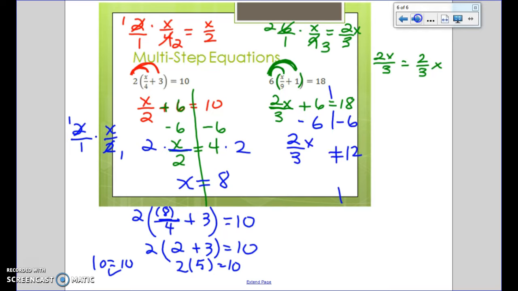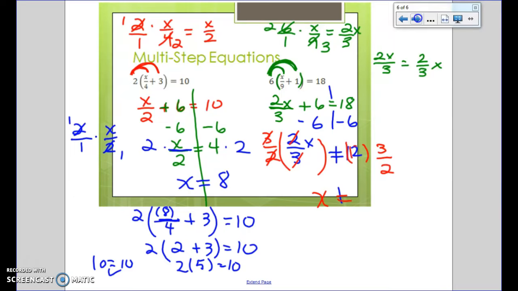And then we learned a strategy for one-step equations when there's a fraction in front of our variable. We know that the inverse property of multiplication says that if we multiply both sides by the reciprocal, all the cross reducing will cancel out everything except for the x. So that's one of our strategies. We have cross-canceling to do.